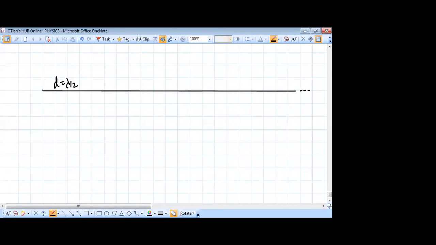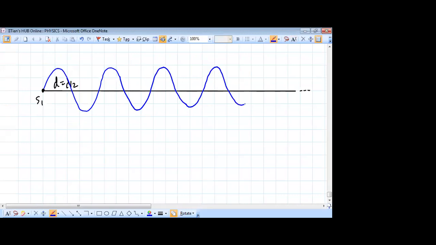So what is happening is, this is where S1 is located and it's creating a wave shape which is like this, let's say, y1.